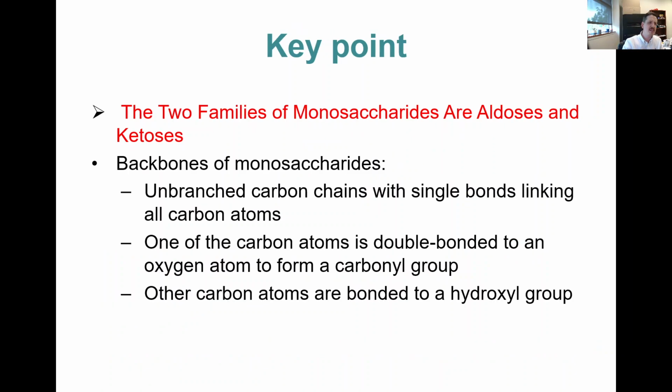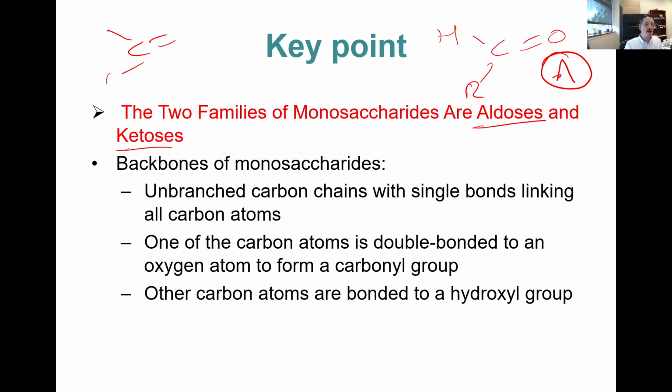So the key points to take from this are 2 families of monosaccharides: the aldoses and the ketoses. That depends on whether the carbonyl is carbon number 1 or carbon number 2. If it's carbon number 1, it's an aldehyde where it's got a hydrogen attached to it, or it's going to be a ketone, where instead of having a hydrogen up here, it's another R group.